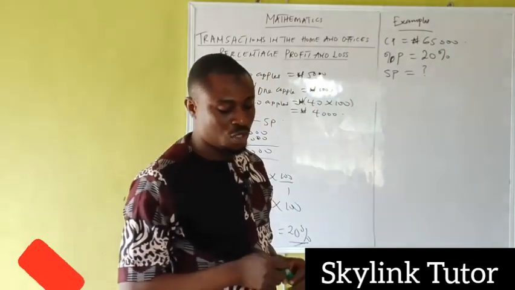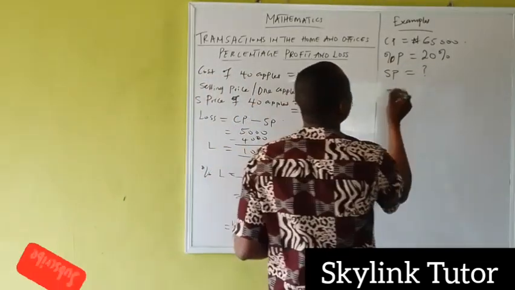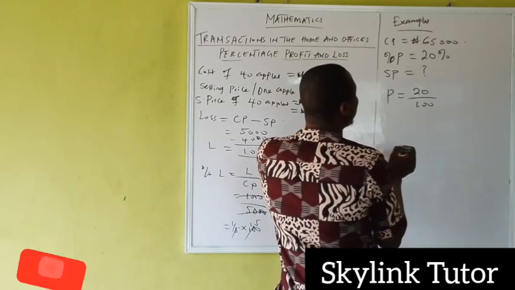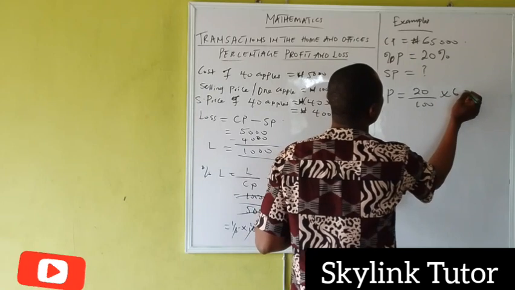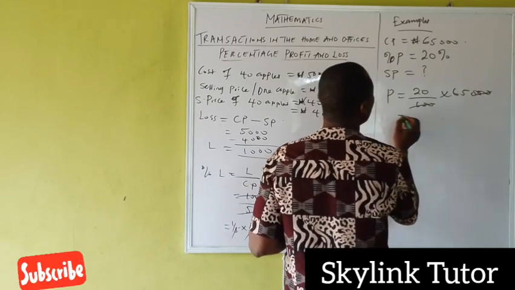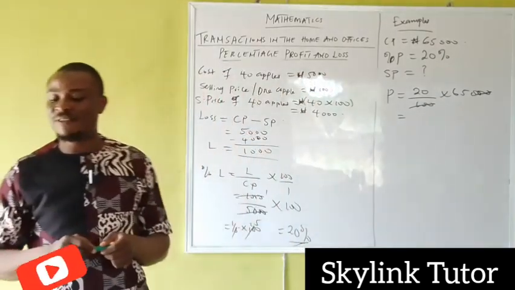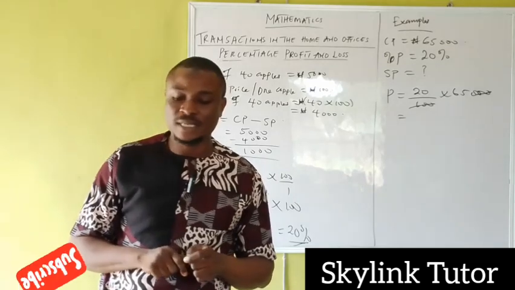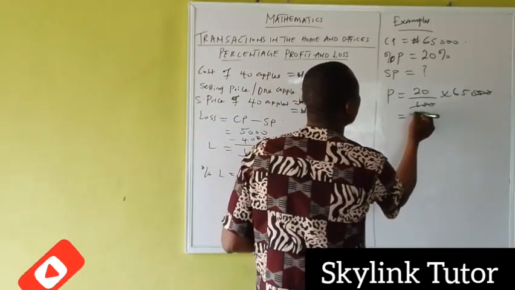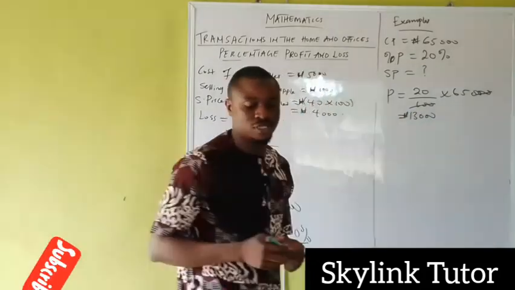So what you are now going to do is to say, let's first get the profit to be 20%, which is 20/100, abi, times 65,000. This cancel out. So, 650 times 20. That one is going to give us 13,000 naira.